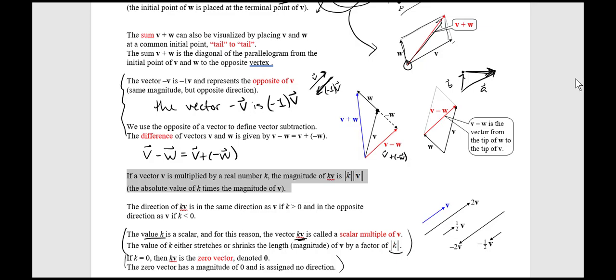And you might say, well, how do I remember which is which? Is this direction from the tip of B to the tip of A, is that A minus B or B minus A? Because they're going to be opposites, right? A minus B is the opposite of B minus A. Well, the easiest way to remember is just by thinking, if I want A minus B, the vector that I finish with better point to the first vector in that. It points to the positive one.